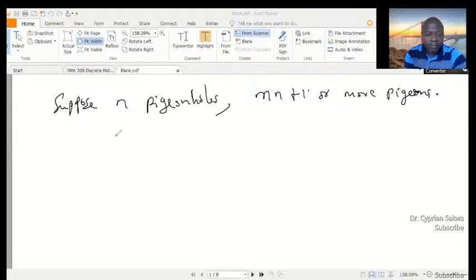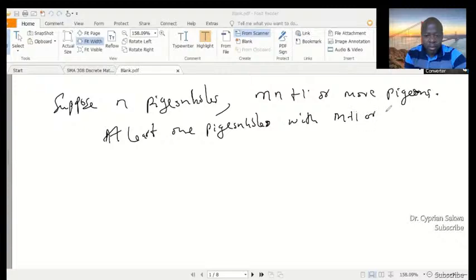So that means that there is at least one pigeonhole with m plus 1 or more pigeons. At least one of the pigeonholes has m plus 1 or more pigeons. So this is the generalized pigeonhole principle. That's what it states.